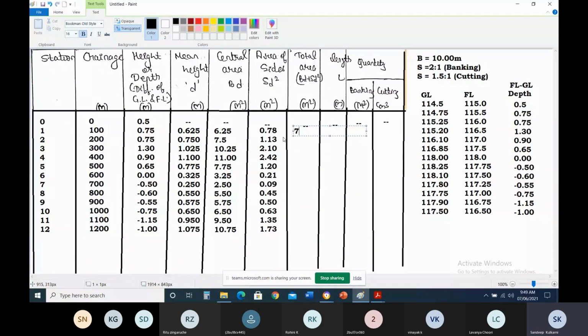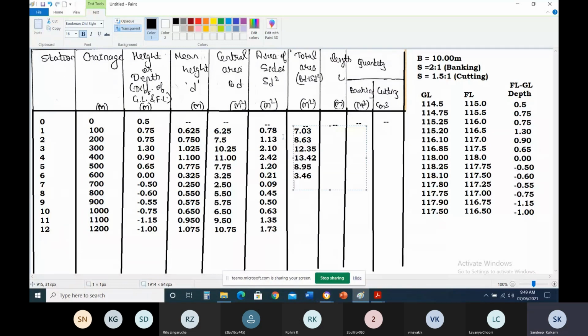Then 10.25 plus 2.10, that is 12.35. Then 11 plus 2.42, 13.42. Then 7.15 plus 1.20, 8.95. Similarly, next, if I add both, 3.46.